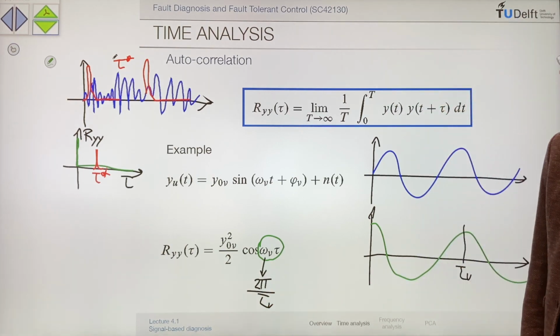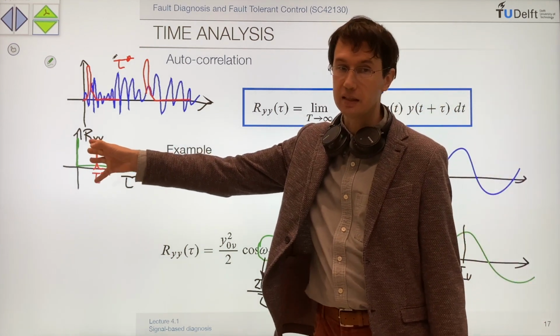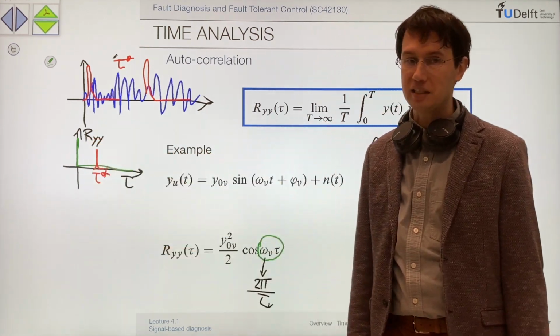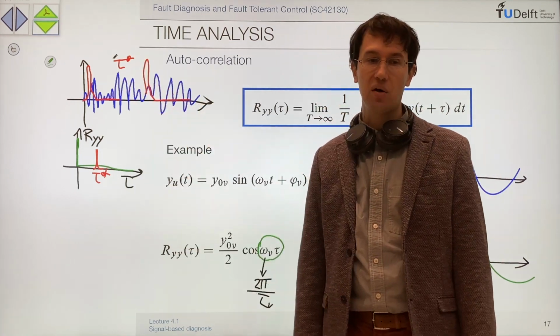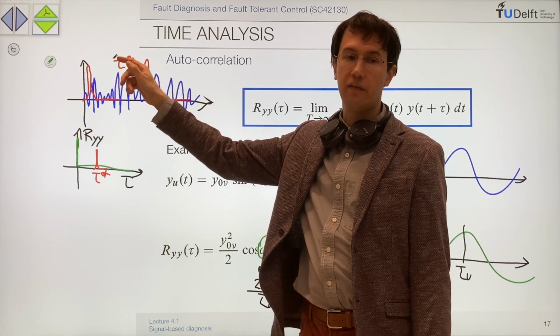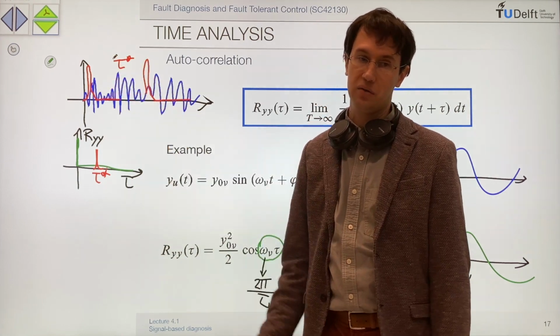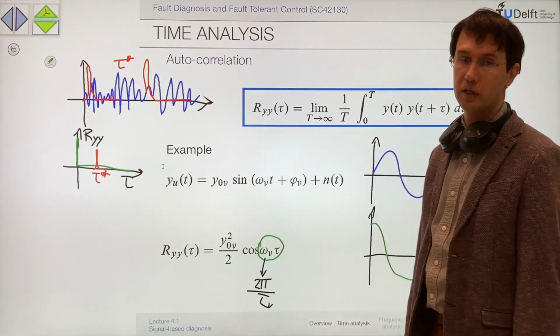And this makes sense. And this is going to happen also in this case here. So if you have a signal that has a period equal to tau star, it is also having a period equal to 2 times tau star, 3 times tau star, and so on. So you have multiple peaks in your autocorrelation signal.